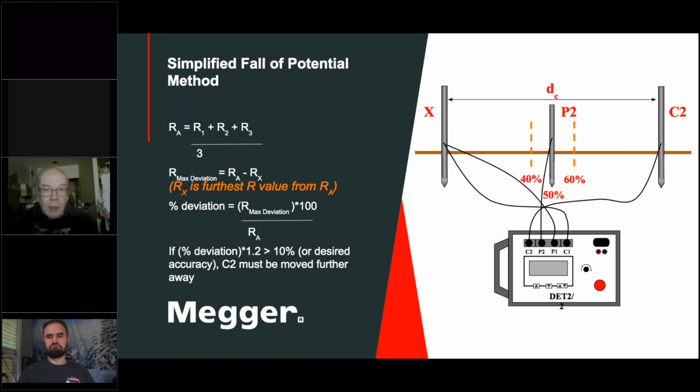The other issue is what we call a short in an electrical system, and as it pertains to using a clamp-on, that would be where your test ground has been multiply connected back to your system. So, with a clamp-on, if you're only testing a single rod, well, you're in good shape.